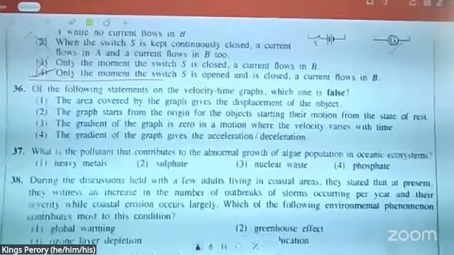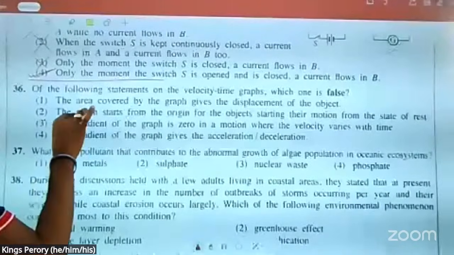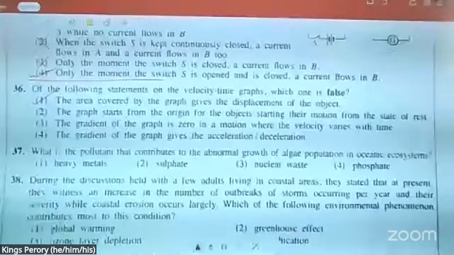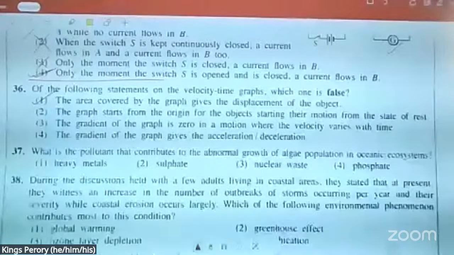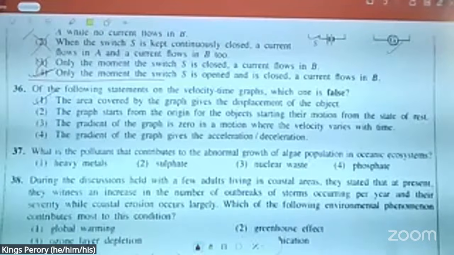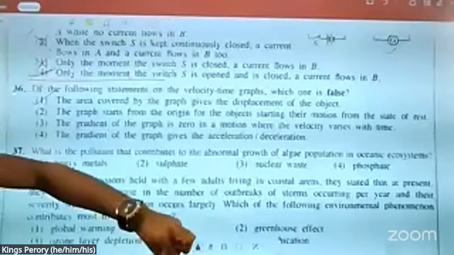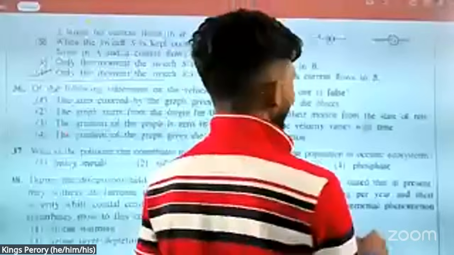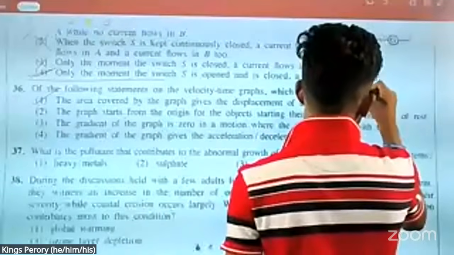Now go to the question. Of the following statements on VT graph, which one is false? Area covered by the graph gives the displacement of the object. Area gives displacement. They're asking the false one. The graph starts from the origin for objects starting their motion from the state of rest. What do you mean by graph starting from origin?